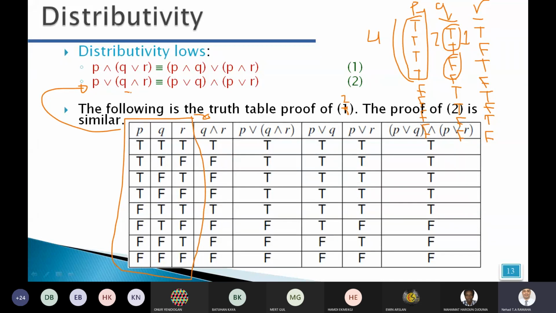So we make Q and R. Then we make Q and R here, which is here, or P, to get this side. Then we get the other side. Same way, we need P or Q, P or Q, then P or R, P or R. Then we make and between this both sides.